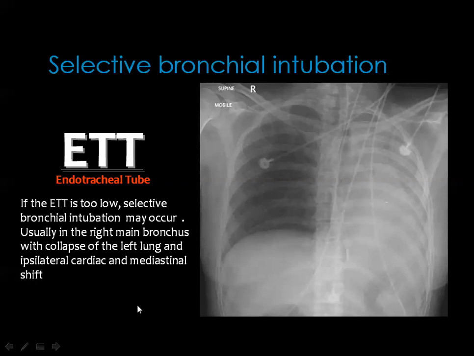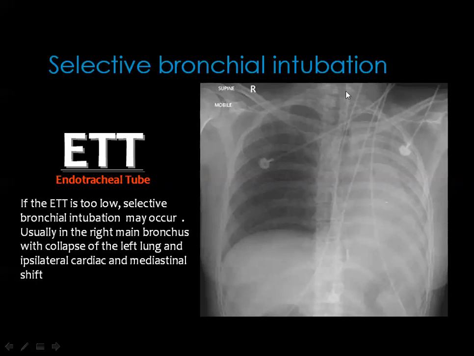When you are interpreting the chest X-rays of an ICU patient and you get this appearance, there is almost total consolidation or whitening of one of the hemithorax, then look at the position of the endotracheal tube. This is one of the commonest causes of this appearance.